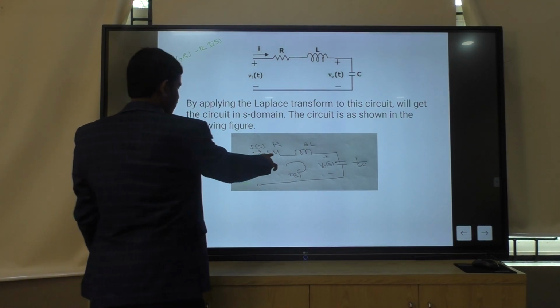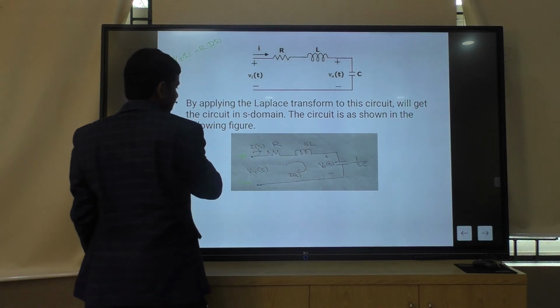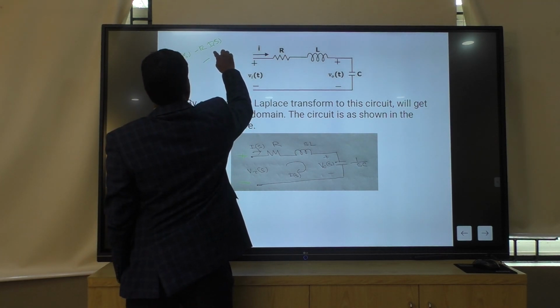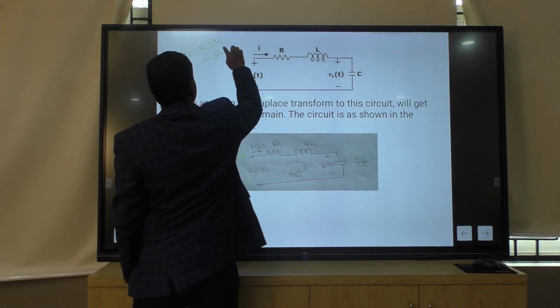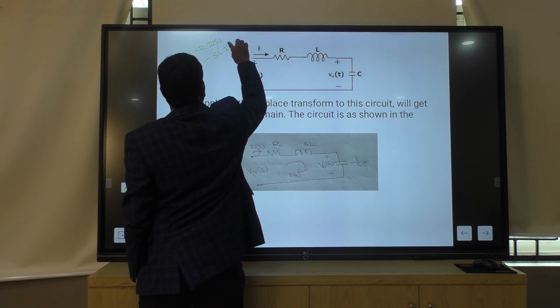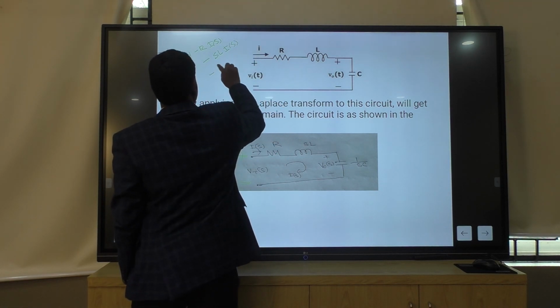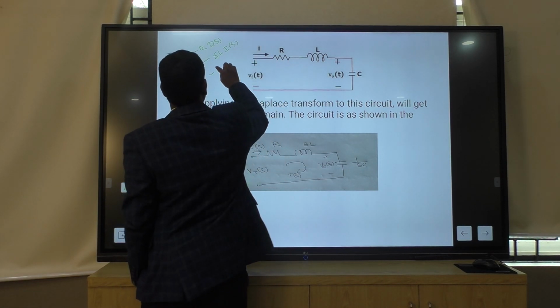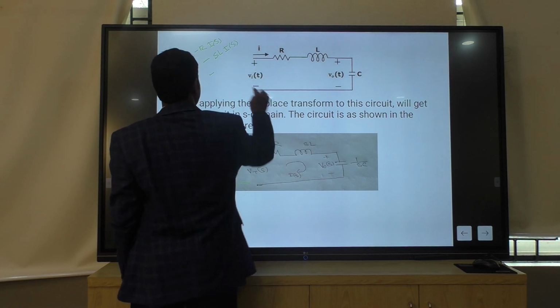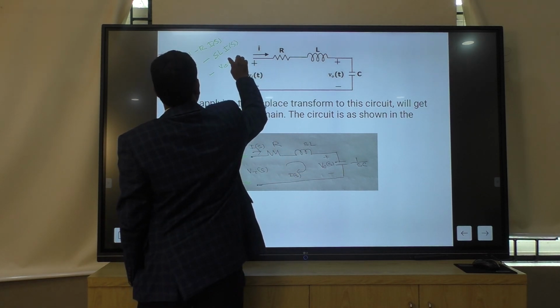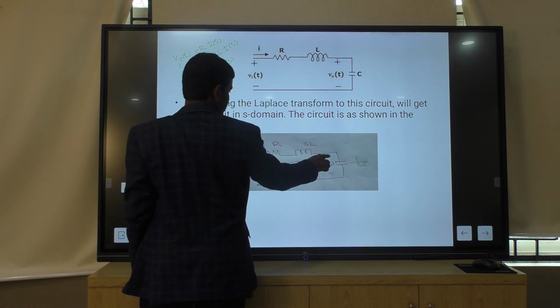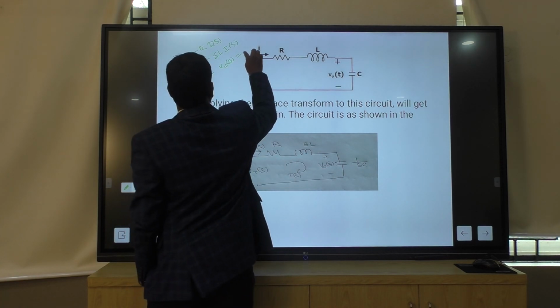The drop across the resistor is minus R I(s), and across the inductor minus sL I(s). Then minus the voltage here, V_0(s), plus to minus, so it is a minus drop, equal to 0.